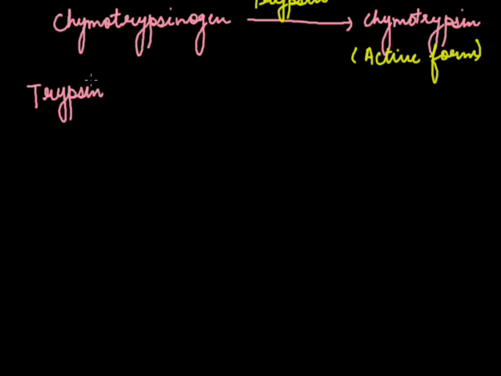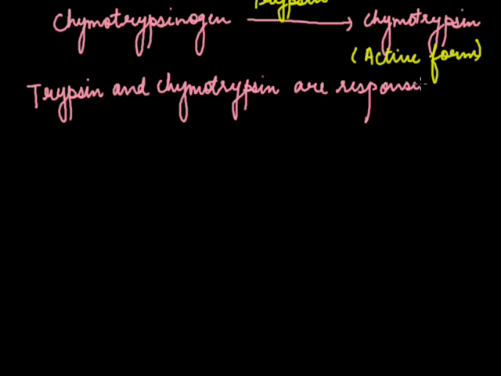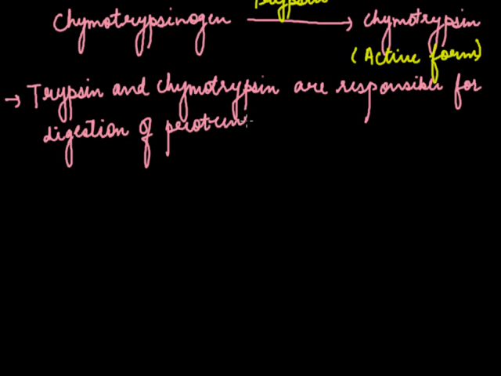The trypsin and chymotrypsin are responsible for digestion of proteins. They convert these proteins and peptones into amino acids.